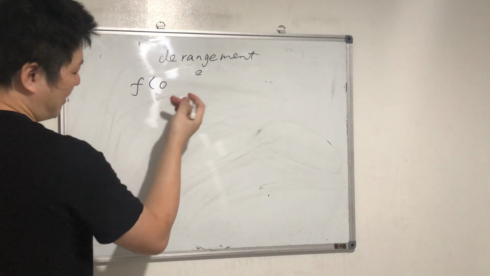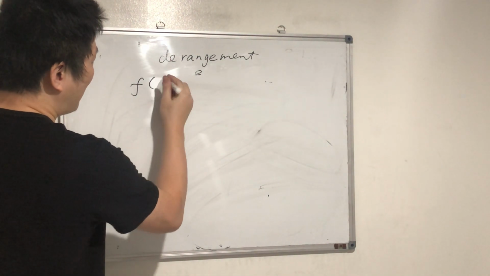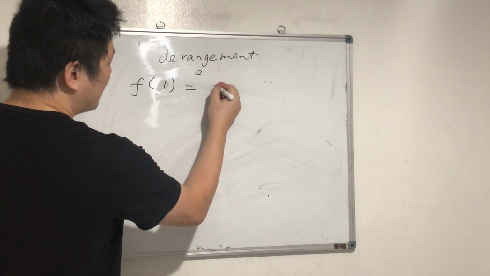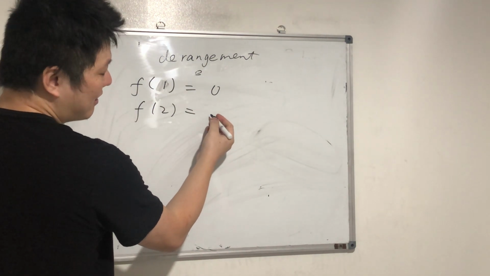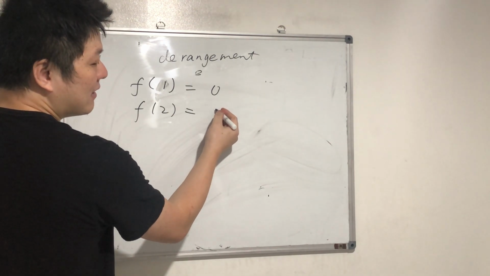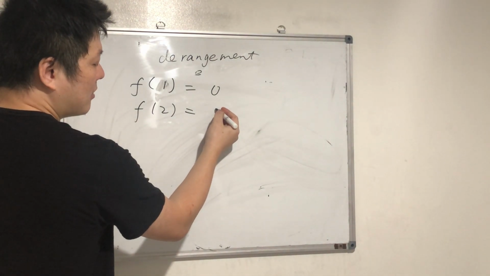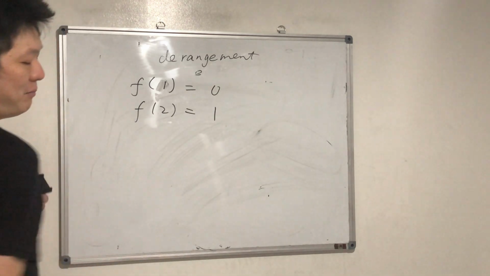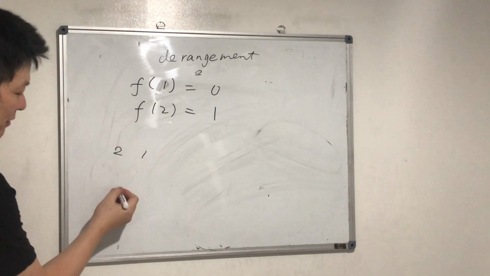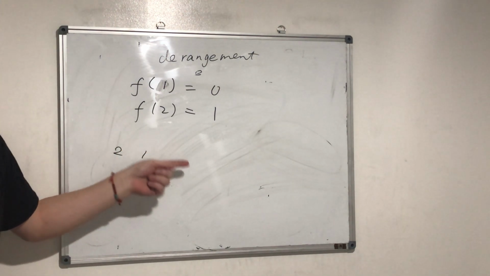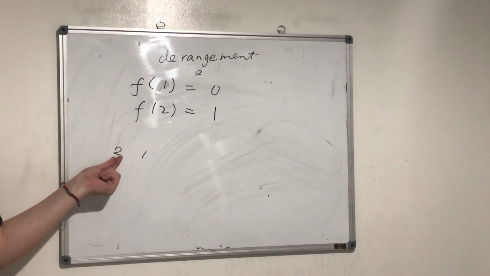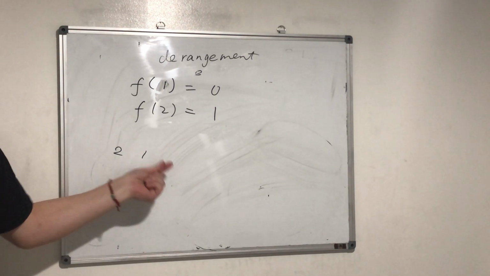F0, obviously there's no 0, so let's do f1 equals 0. F2 equals 1, because two numbers can only be placed as 2, 1. That meets the requirement that no number is in its original position.